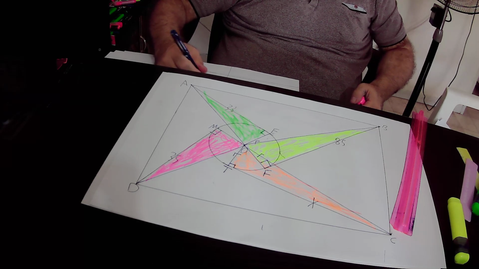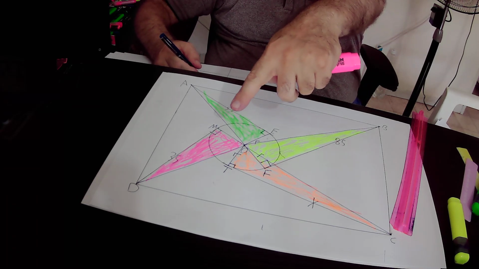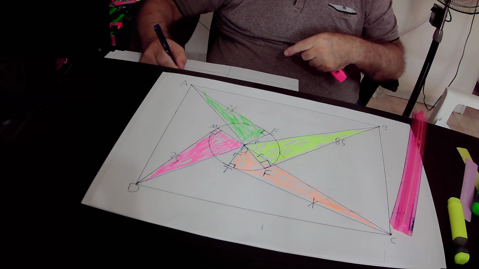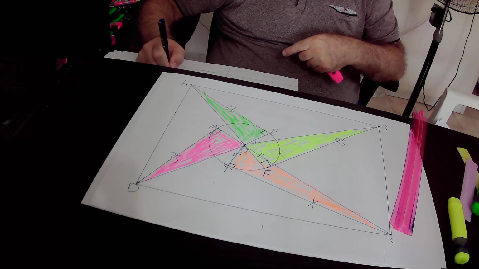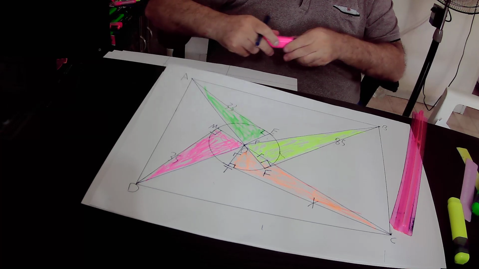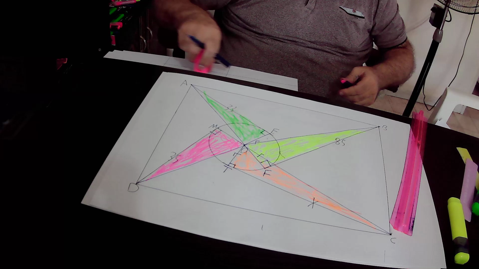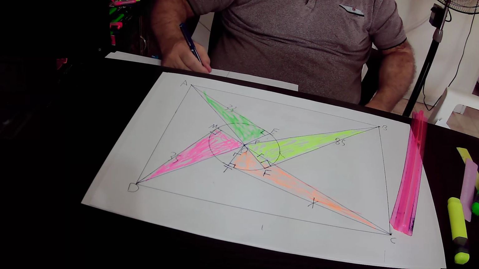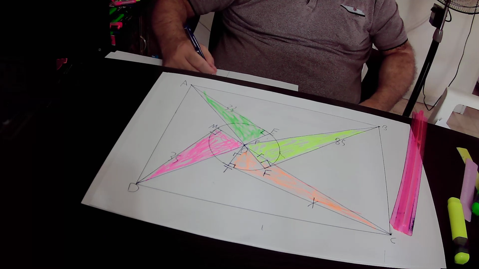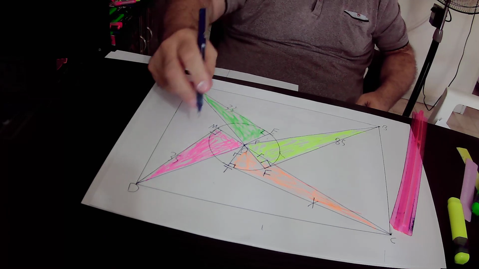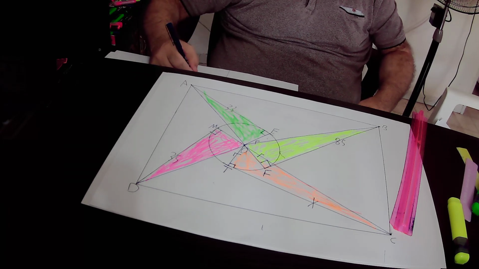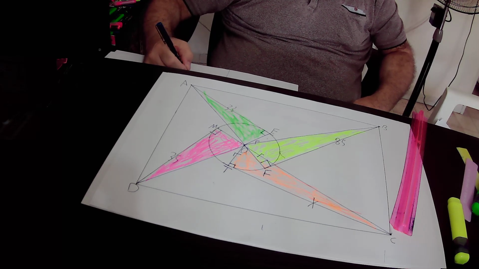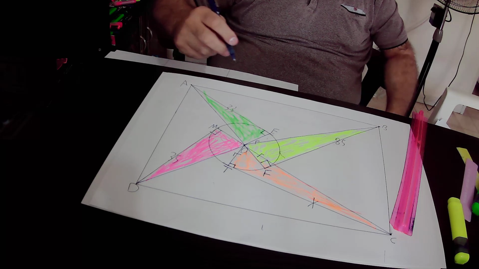According to the Pythagoras theorem, we get that DO squared equals OM squared.